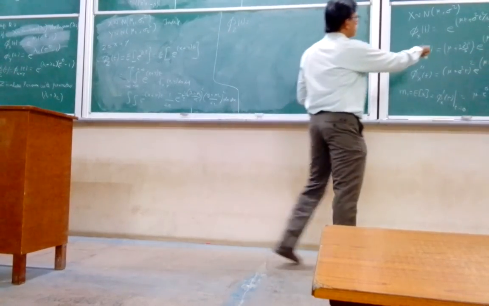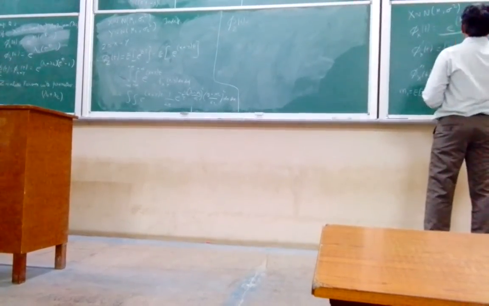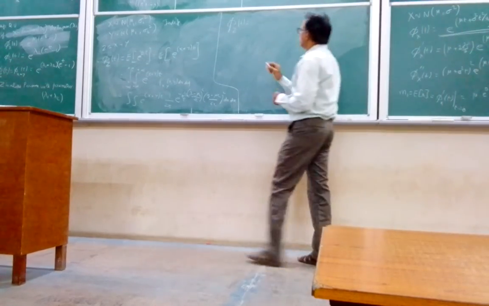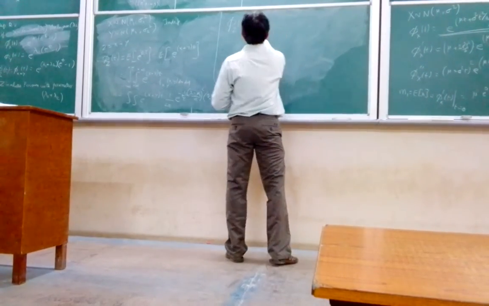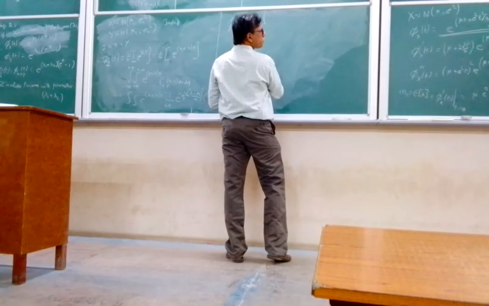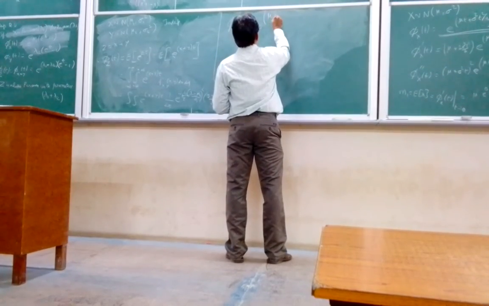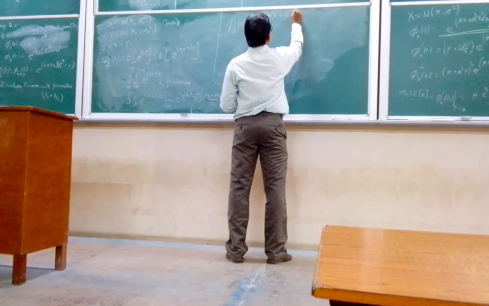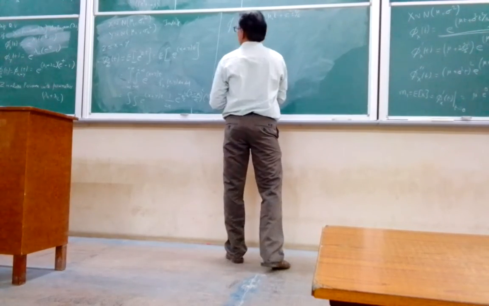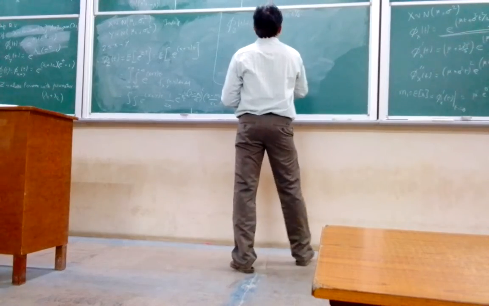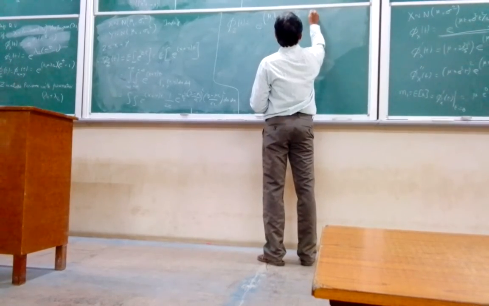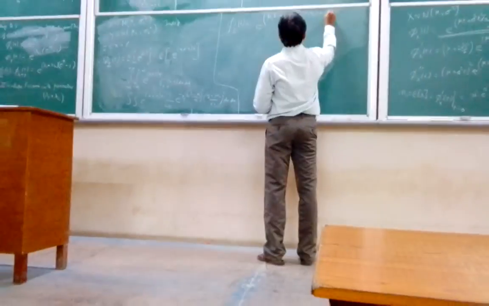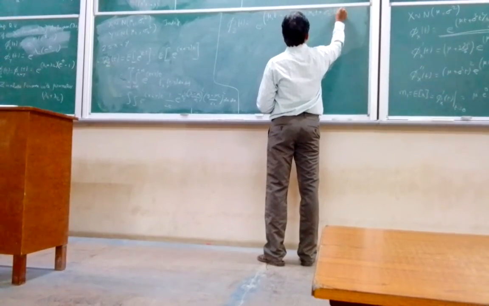We use that this is the formula for a single Gaussian random variable. So psi Z of t will be e power of mu 1 t plus sigma 1 squared t squared by 2, plus mu 2 t plus sigma 2 squared t squared by 2.